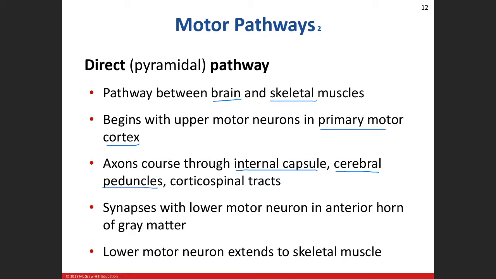So it's going to travel down through the cerebral peduncles, and then in the white matter it's going to be referred to as the corticospinal tracts. It's going to travel all the way down into the spinal cord to a specific level, usually into my cervical spine. And it's going to synapse on the lower motor neuron, which is found in the anterior horn.